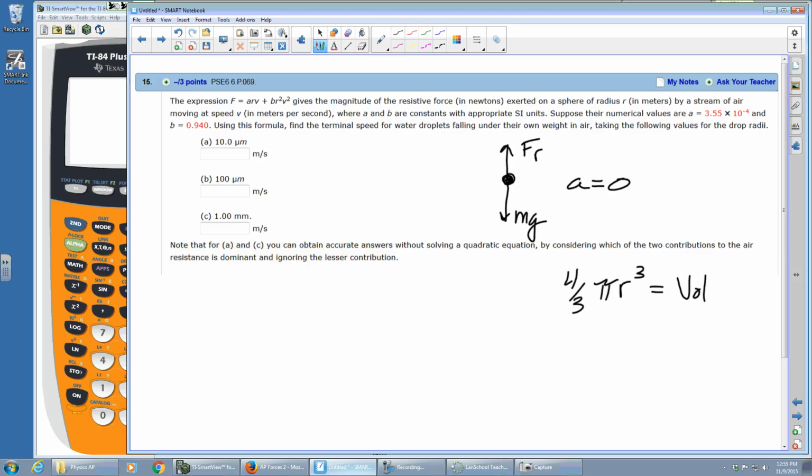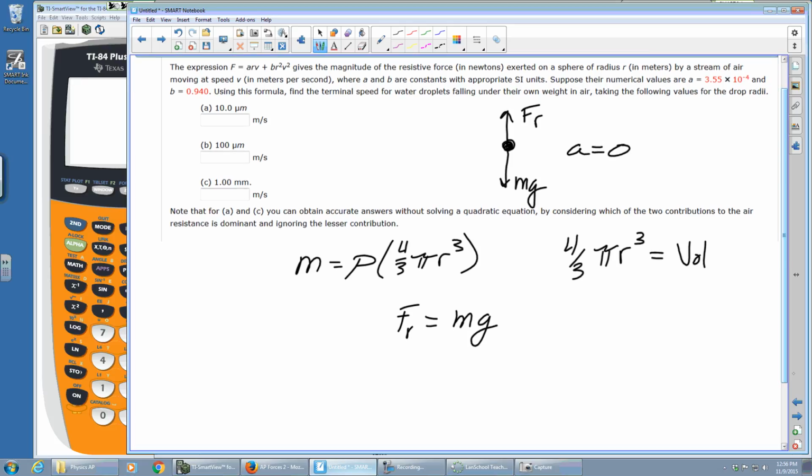All right, so the mass is always going to be the density times our 4/3 pi r cubed, right? And so we're always going to have that the force resistive equals the weight.